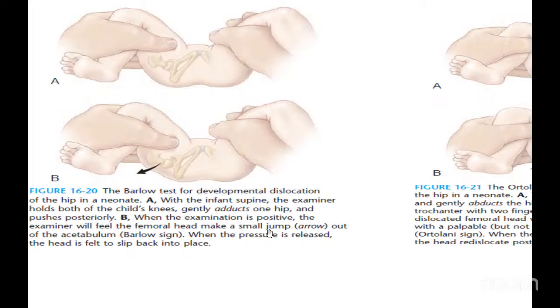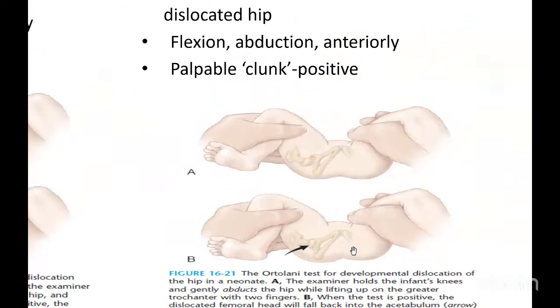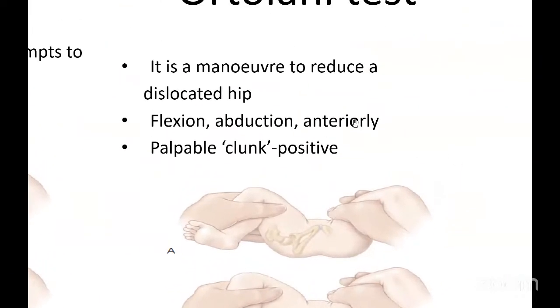We'll feel the femoral head make a small jump or click sound out of the acetabulum. This is called Barlow's sign. When pressure is released, the head is felt to slip back into place. This is Barlow's test. Whereas coming to the Ortolani's test, this is the maneuver to reduce a dislocated hip.